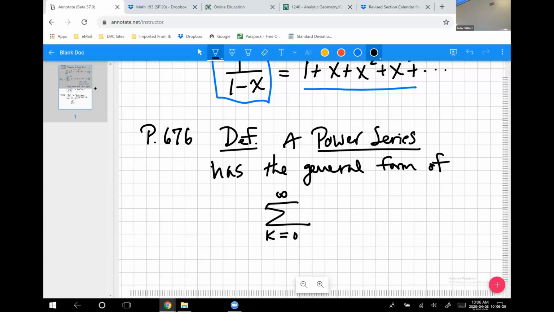As we saw before, each term of the polynomial might have some coefficient value in front of it, just like a regular polynomial. Then instead of just writing x to the k, we write x minus a to the k, with the idea that a is where this particular power series is centered.